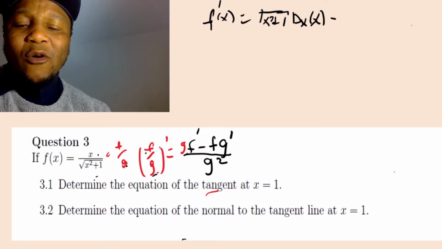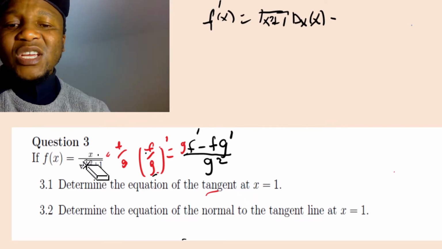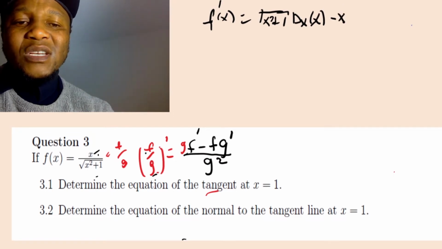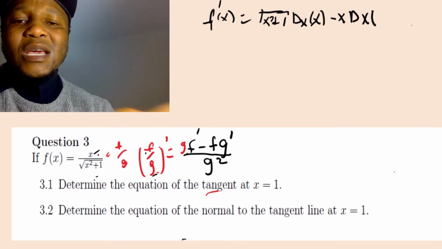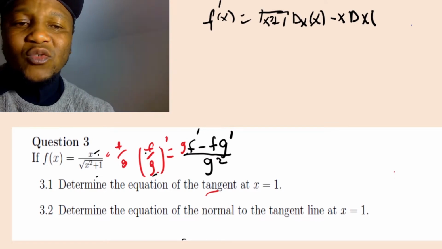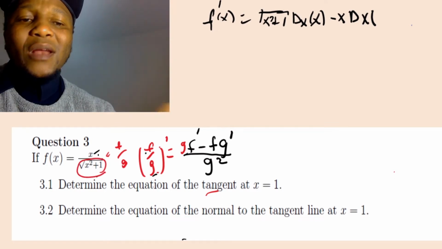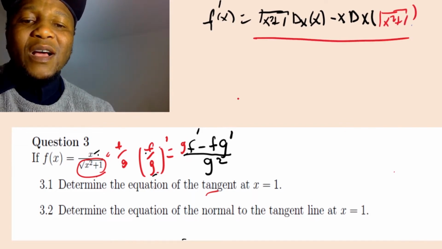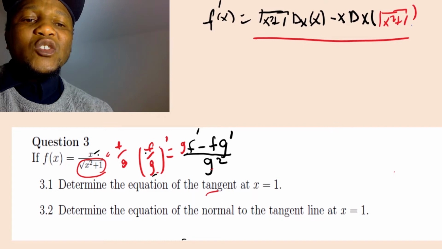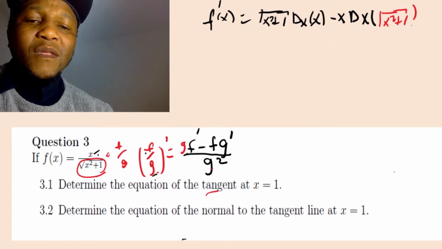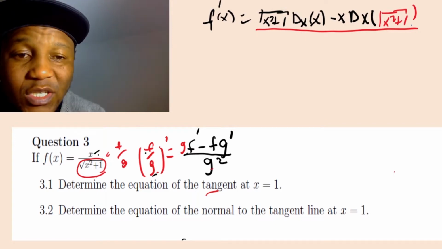Minus, now we have to reverse the process, meaning now the denominator is going to be differentiated and we put the numerator constant. Numerator now is constant, then we differentiate the denominator. But what is the denominator? Square root of x squared plus 1, and then over the denominator squared.